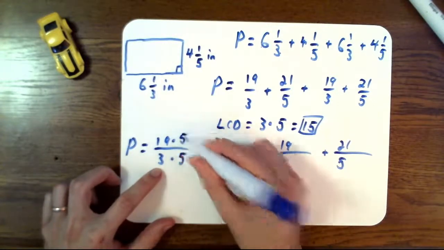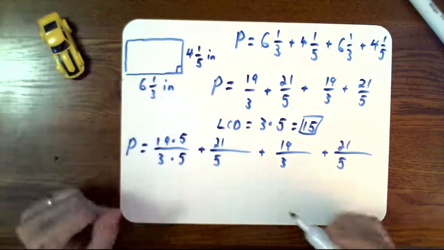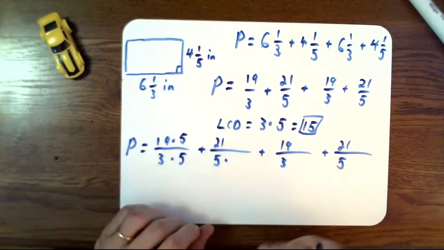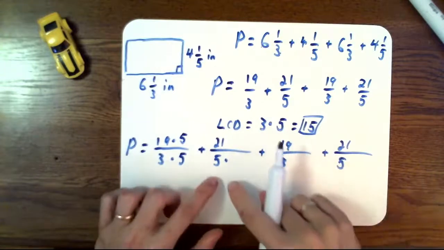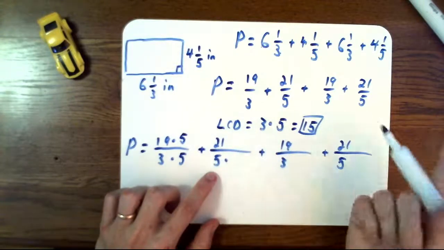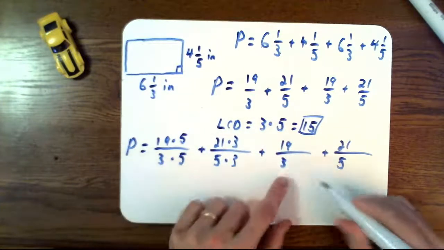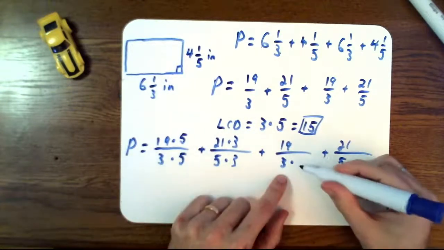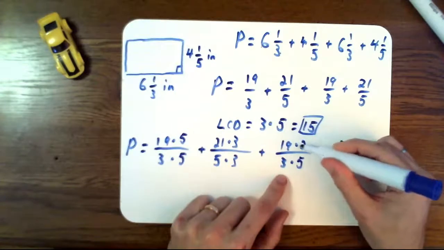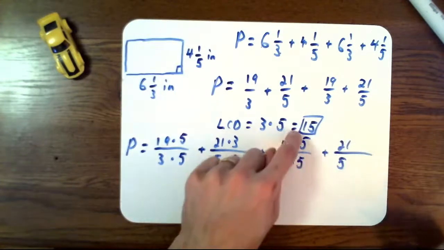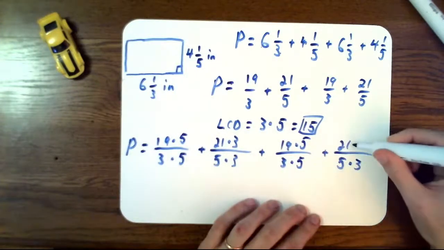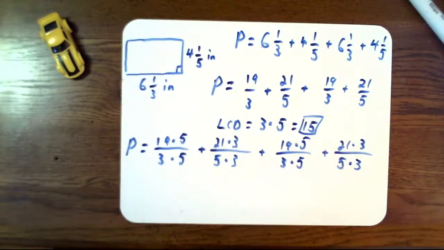Whatever you do to the bottom, you have to do the top to keep it the same. Keep it equivalent. Very precise. This is a 5. We want to change it to a 15, so we have to multiply by 3, multiply by 3. Again, this is a 3, so we want to change that to a 15, multiply by 5, multiply by 5, and what you do to the bottom, you do to the top.